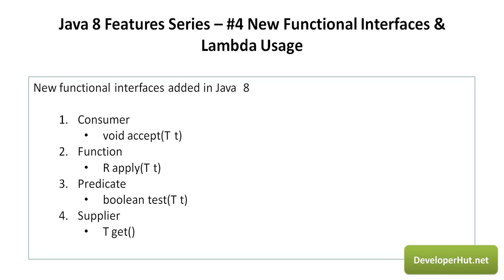The first is the Consumer interface, then the Function interface, the Predicate interface, and last is the Supplier interface. There are also dozens of functional interfaces added along with these four. However, all the other interfaces are merely an advanced version of these four interfaces. So let's start using them.